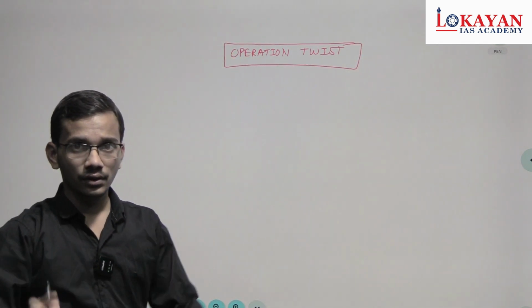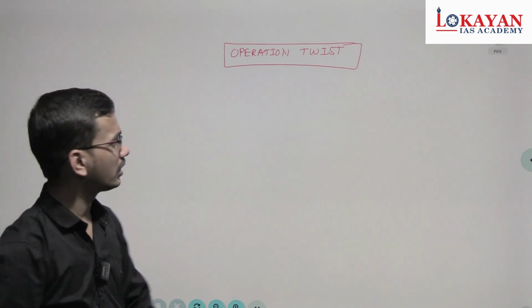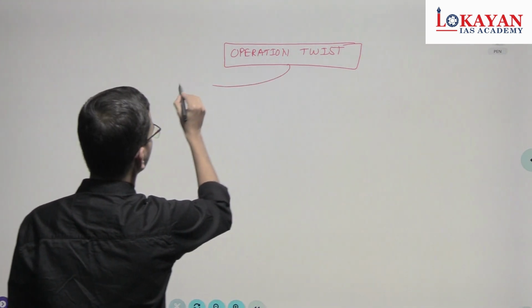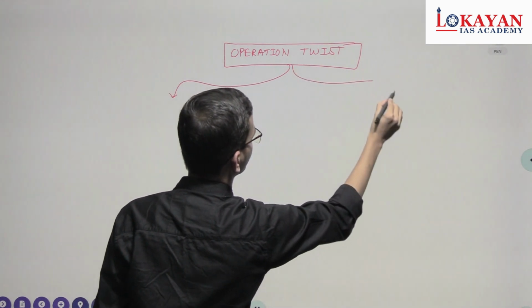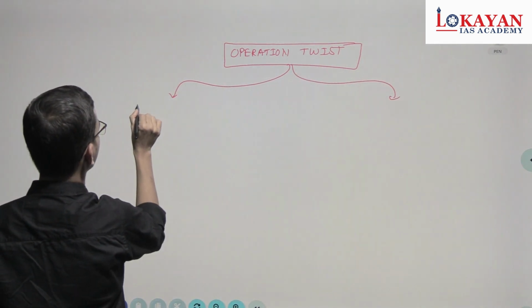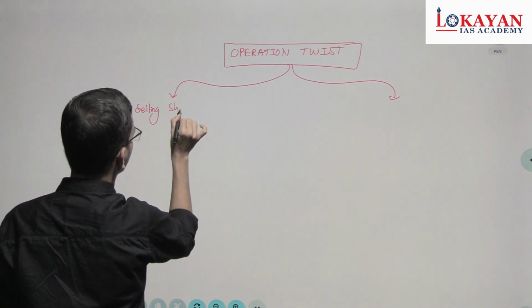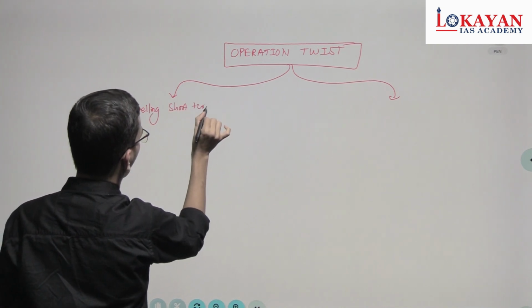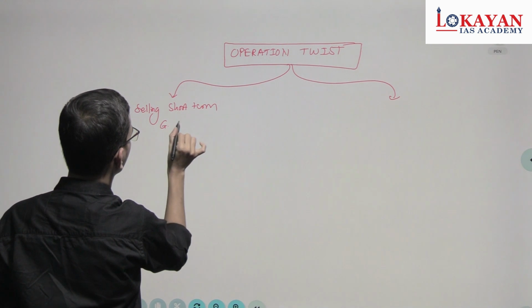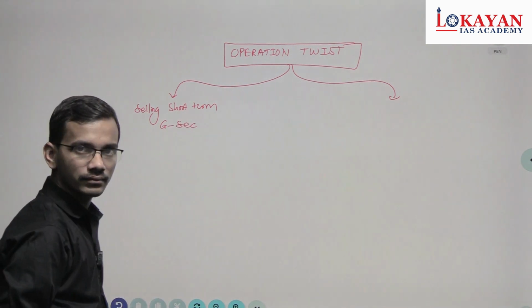Operation twist. Two simultaneous operations. First one is selling short-term government securities.